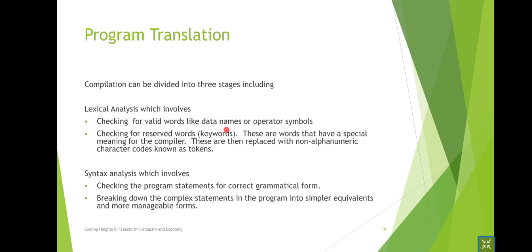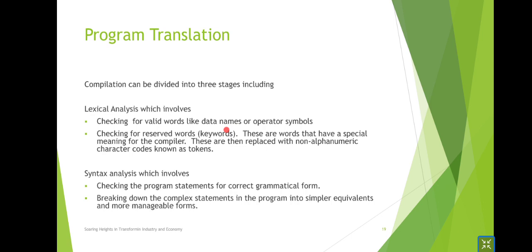So for you to be able to add two numbers, maybe you have called the first number number 1, and the second number you have called number 2. Those are the data names. And the data names have rules which we shall look at shortly. So the first part of interpretation or compilation is to check the validity of your data names. If you use a name that is not valid, then the computer will tell you this name is not valid.